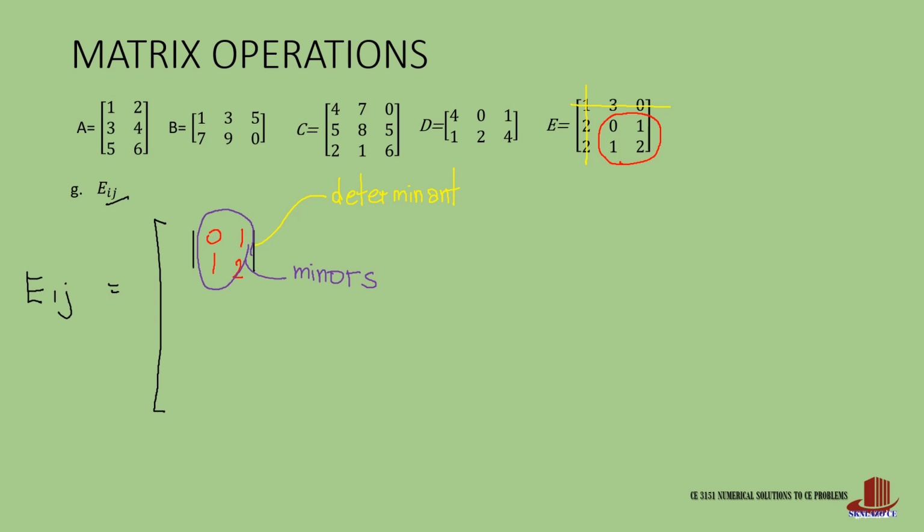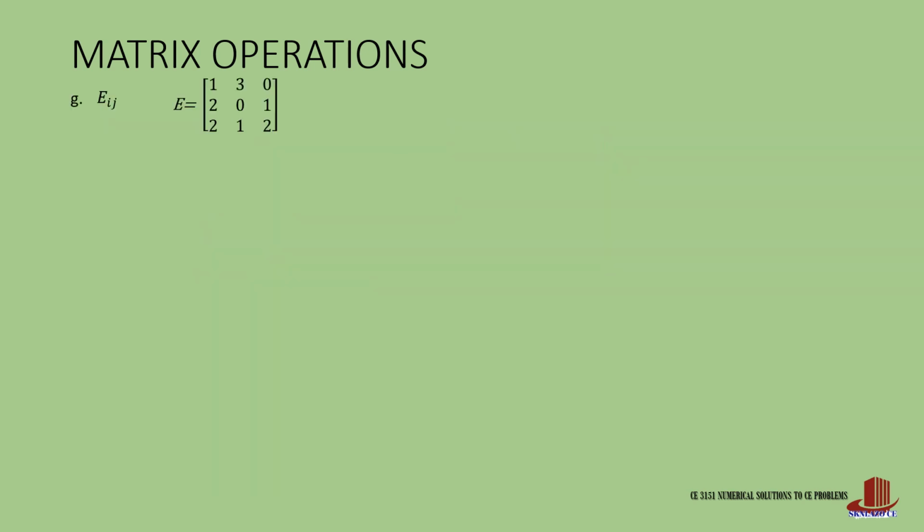The resultant element would be what we call our cofactor. Now let's take our cofactor. The cofactor of matrix E would be taken as the remaining elements, or that would be the minors.